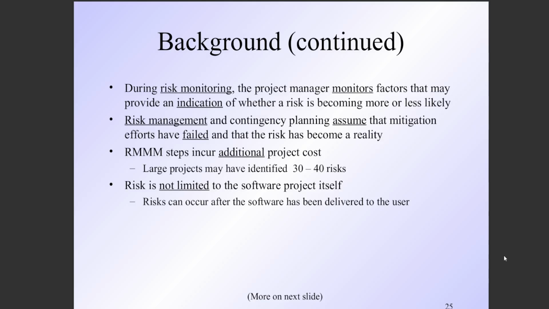Risk management and contingency planning assume that the mitigation efforts have failed and the risk has become a reality. That means this management will come into place only when all the strategies of risk avoidance and monitoring actually fail, right? Now the risk has become true and you are going to face the consequences.